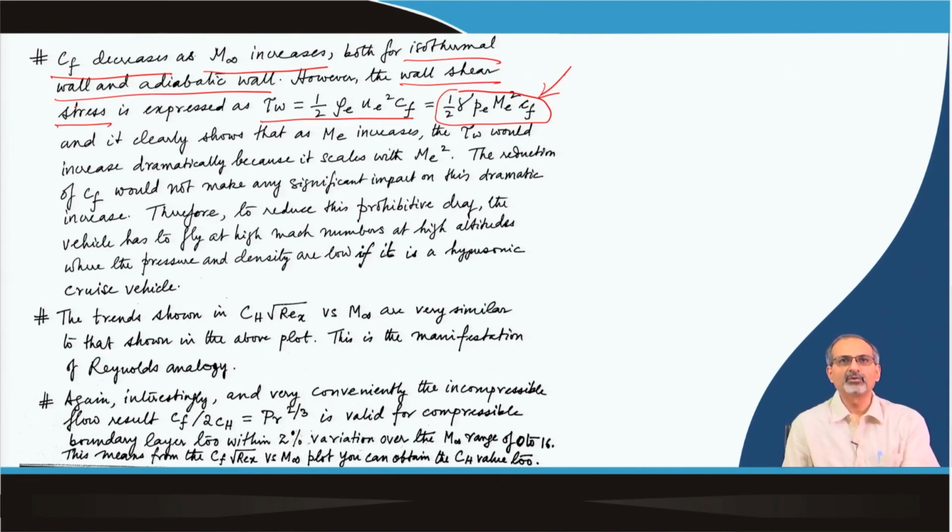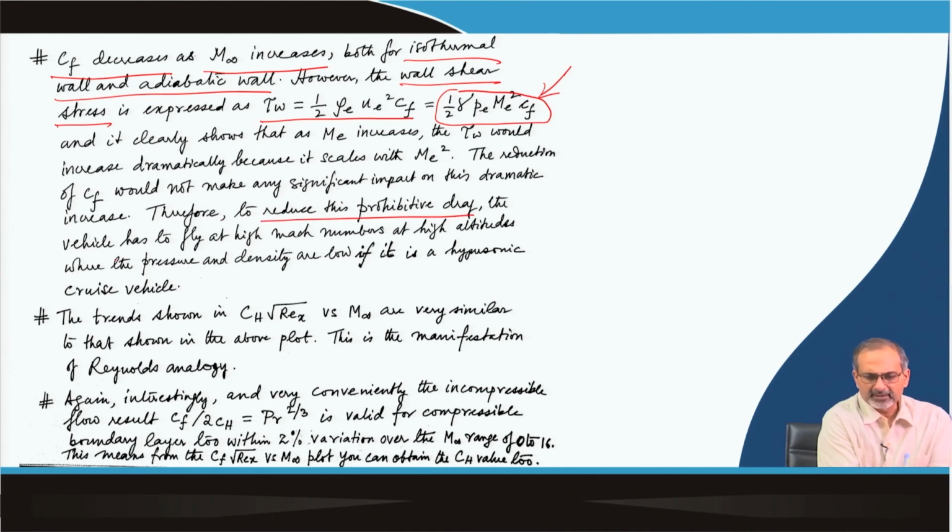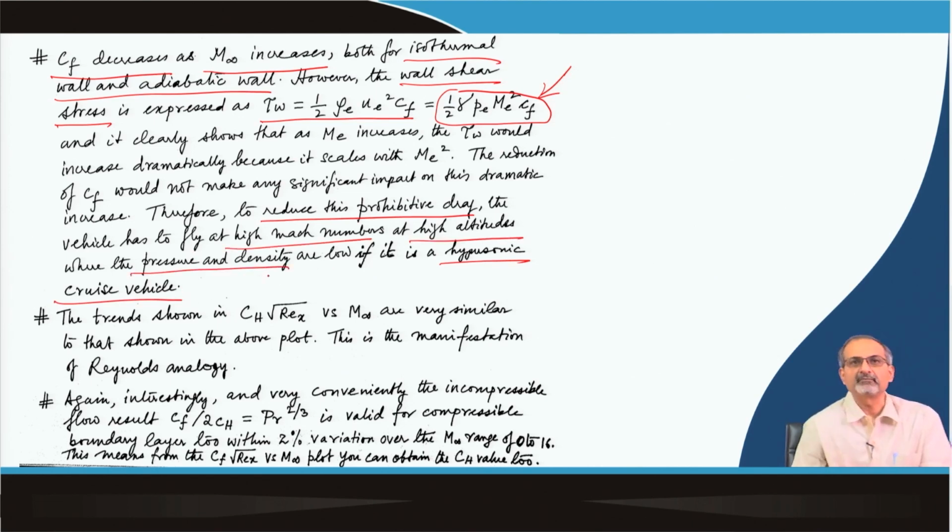So, that reduction won't matter so much anyway. Therefore, at higher Mach numbers there will be a prohibitive increase in drag. Therefore, to reduce the prohibitive drag, the vehicles like hypersonic cruise kind of vehicles could fly at high Mach numbers only at high altitudes where the pressure and density are much lower than near sea level conditions.